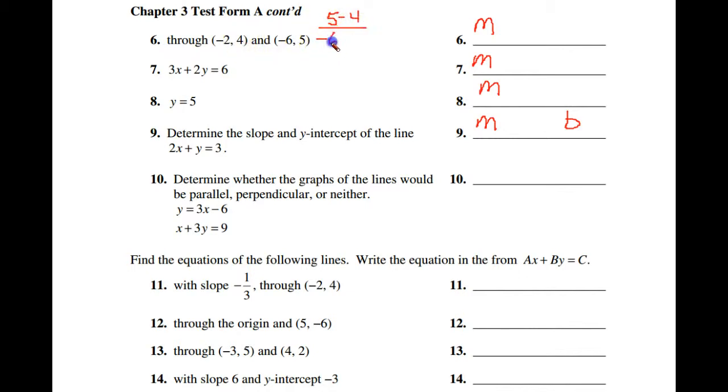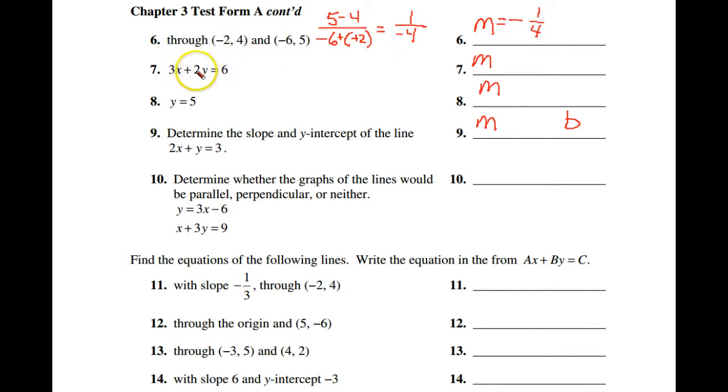And then negative 6 minus a negative 2. So this is going to become a plus. And this is a 1 on top. And this is going to be a negative 6 plus 2 is a negative 4. So my slope here is a negative 1/4.